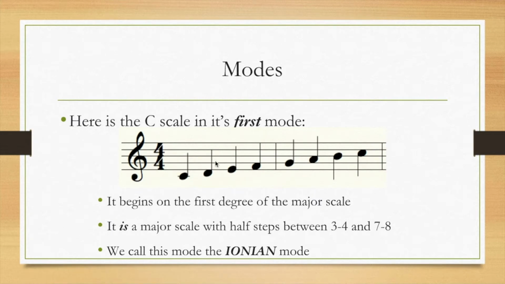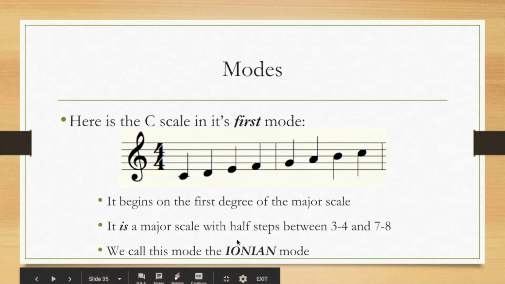Here's the C scale in its first mode. That's just a plain C scale, right? That's its first mode. We're going to call that major scale that starts on the tonic the Ionian mode. Let's take a peek at it.